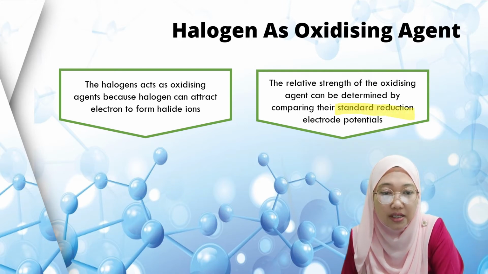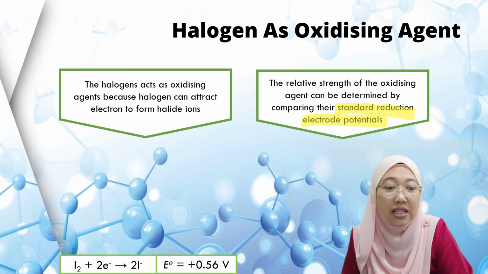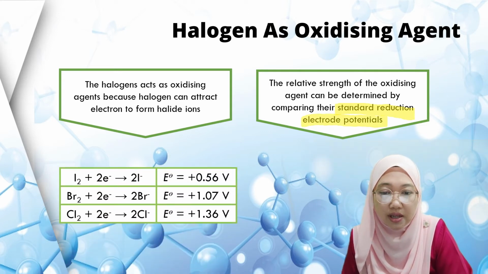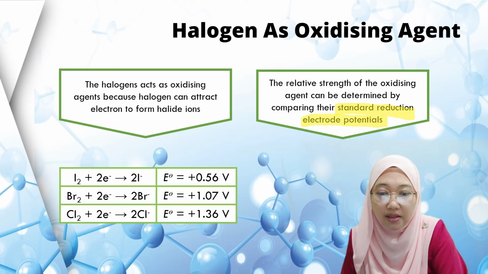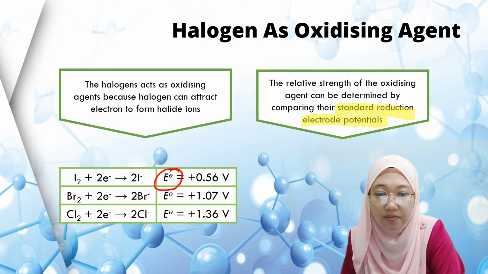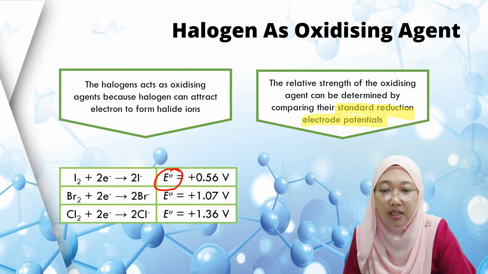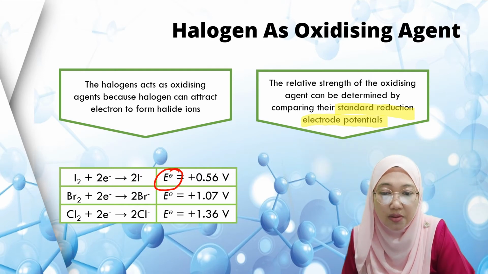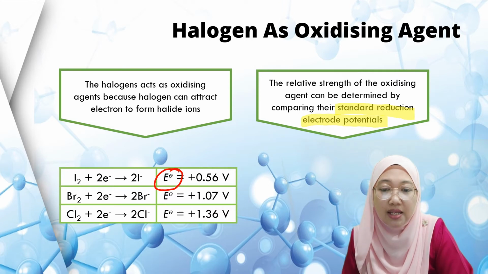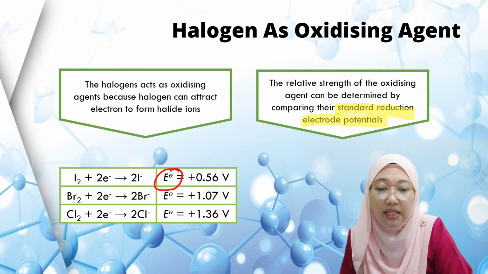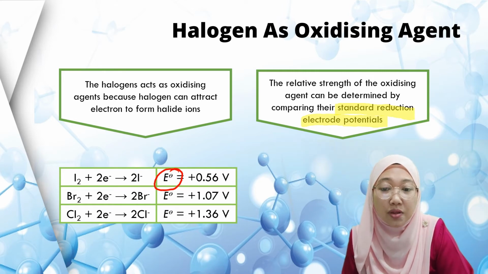Okay. Standard reduction electrode potential ni ialah E naught. So, kita ada E naught from positive 0.56, then positive 1.07, and another one positive 1.36.